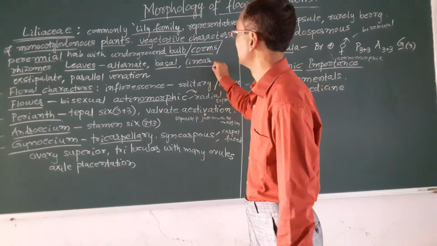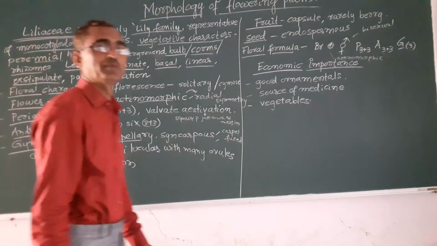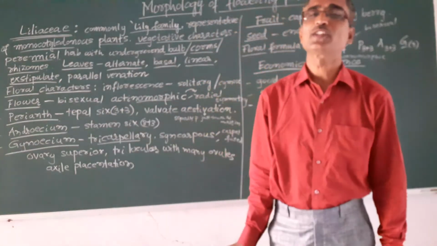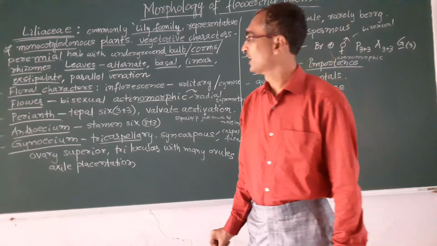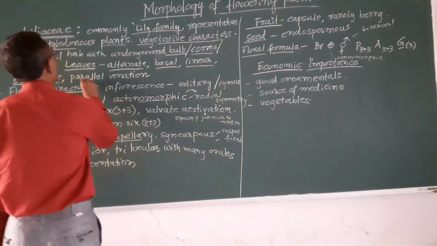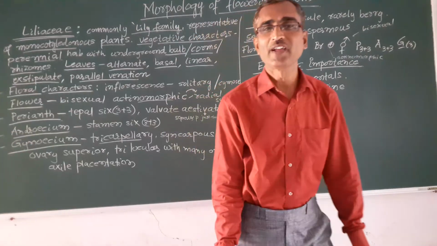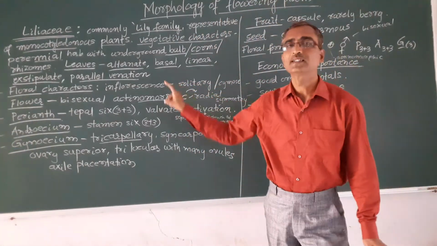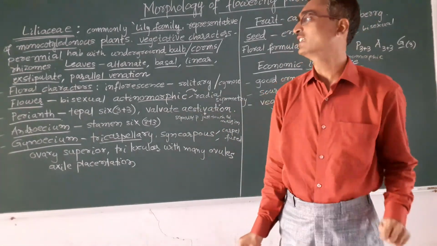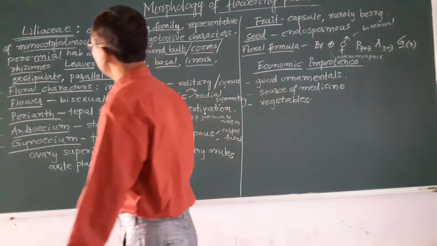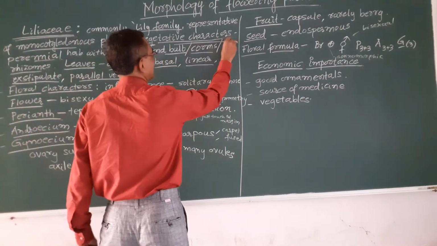They are linear and exstipulate, meaning without stipules, with parallel venation. Venation is the arrangement of veins, and it is parallel here, that means the veins are parallel to each other. That was about the vegetative characteristics.